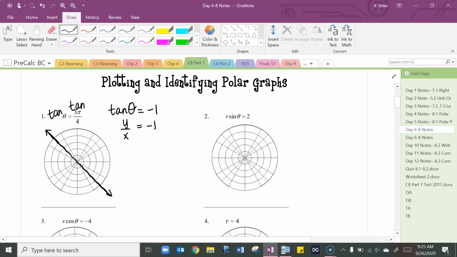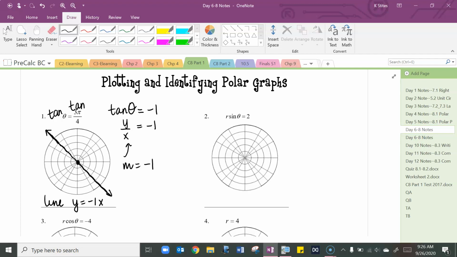That is also what we use to show slope, change in y over change in x. What this is really telling you is that the slope of this line is -1. And it passes through the origin, so this is really the line y equals -1x. Pretty crazy. Okay, again, this is a more unique situation that you won't see very frequently.